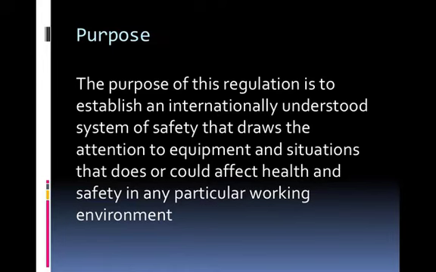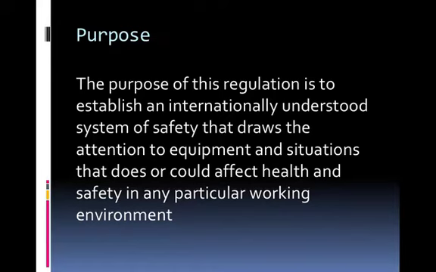So the purpose of safety signs, the purpose of this regulation, is to establish an internationally understood system of safety. And when we hear the word internationally, it means it's worldwide. It's not just Jamaican, it's not just American, it's not just a country or a place, it's actually worldwide.